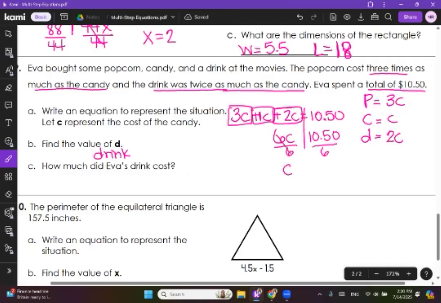And we figure out that the cost of the candy, $10.50 divided by 6, is $1.75. But we know that the drink costs 2 times that amount. So 1.75 times 2. Ooh, my notes are wrong.